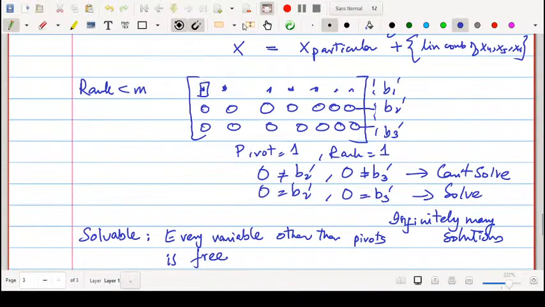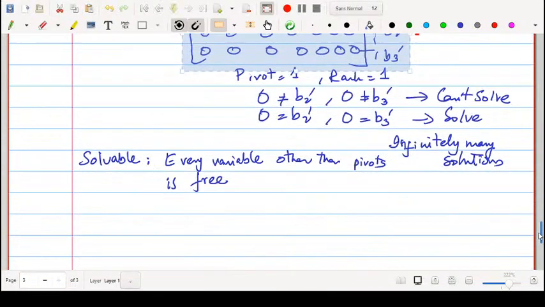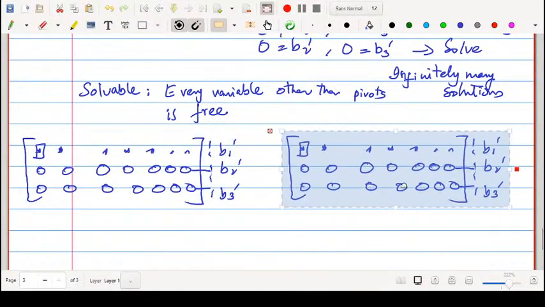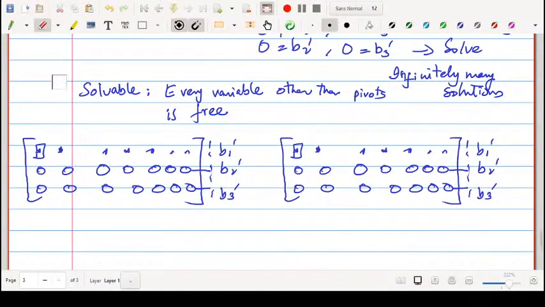So let me just, as an example, write down different cases that may occur. So let's say you get this case or you get this case, right? In this case, if there was a non-zero entry here, then you have two pivots. So the rank in this case is 2.